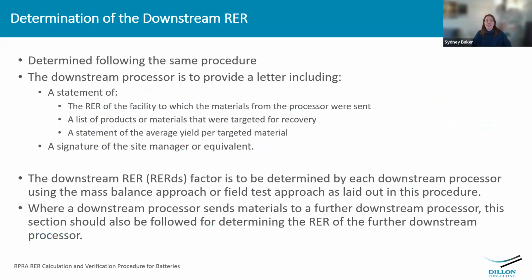And then again, for the determination of the downstream RER, the expectation would be that they would follow the calculation guidance in the procedure. So they would be following either the mass balancing or the field test approach.